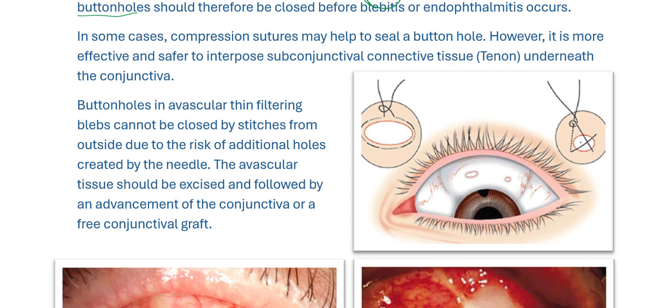So if there is a small buttonhole, you can take an 8-shaped suture, compression suture. Or if it's large, like the one to the left, you can do like a purse string suture, just around the hole and close it.